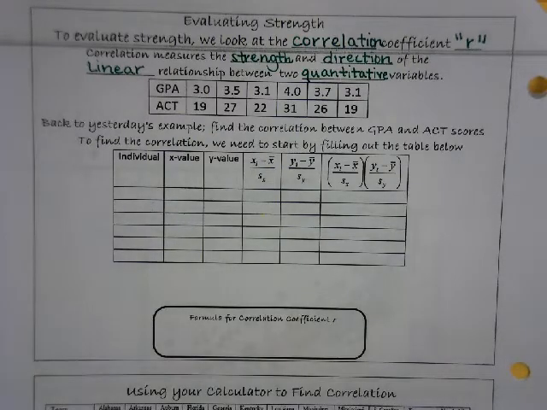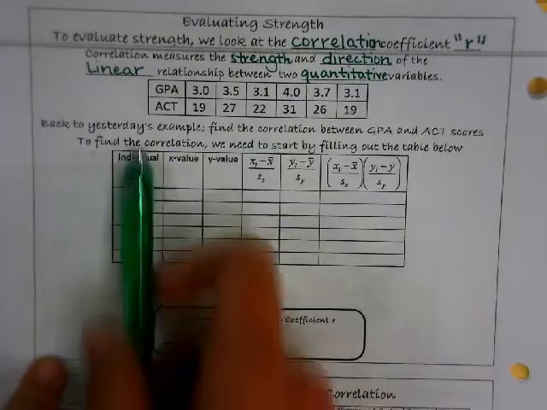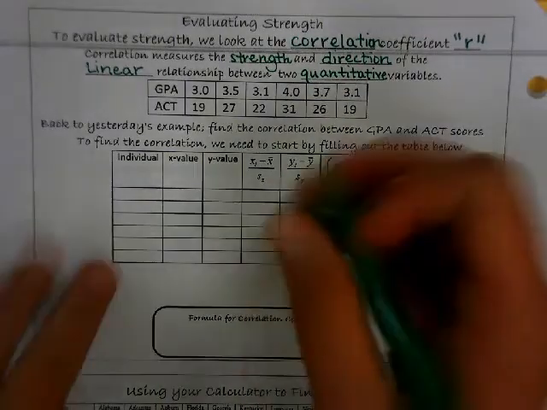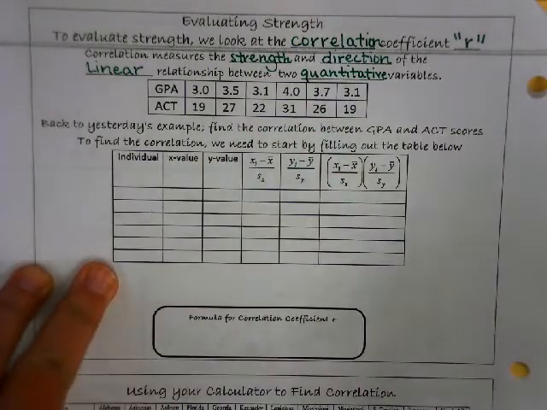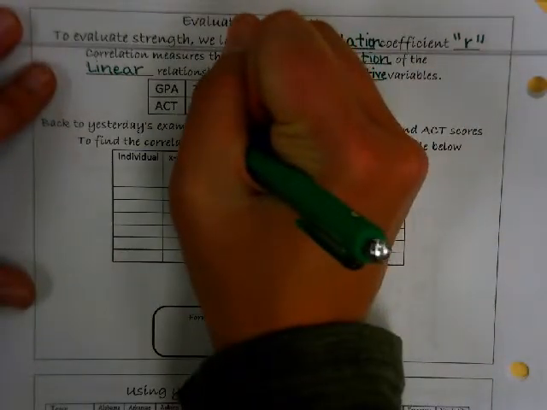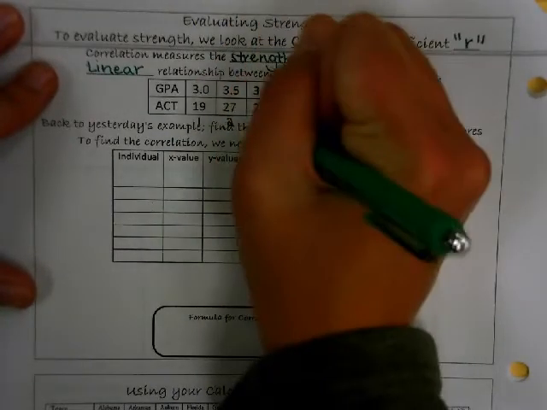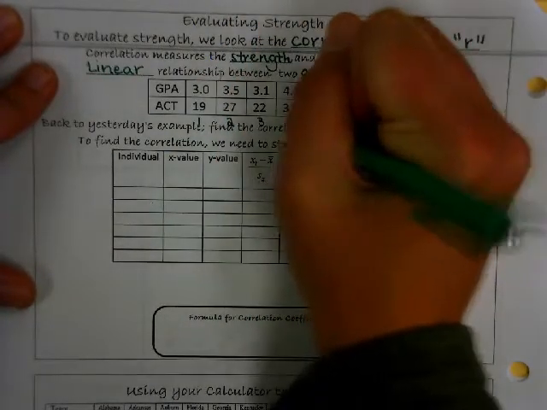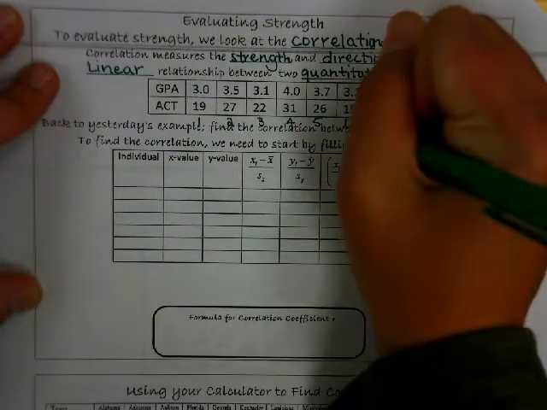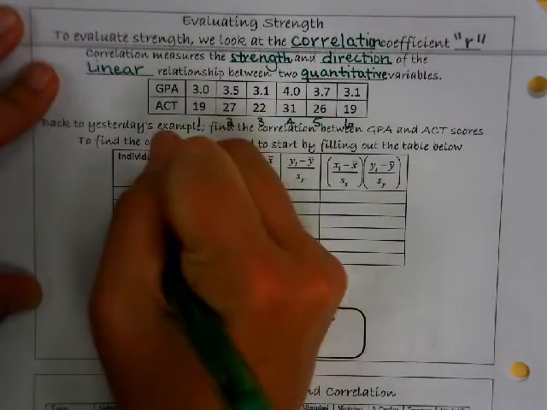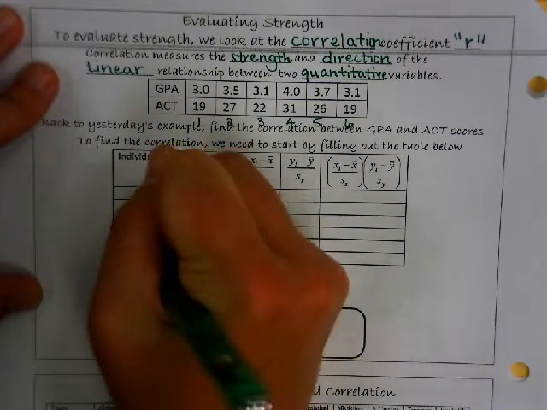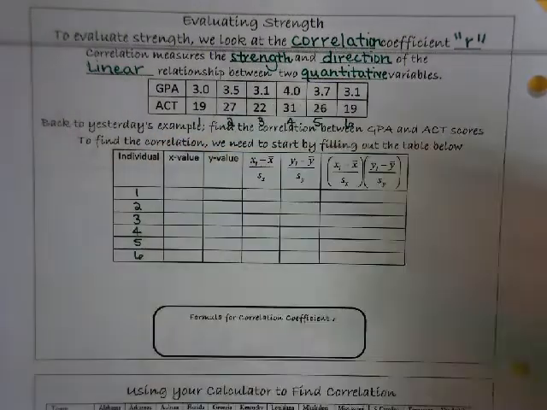The first column is the individuals. We have 6 students where we have their GPA and their ACT. I'm going to call them student 1, student 2, student 3, student 4, 5, and 6, just to keep track of which kid we're working with.